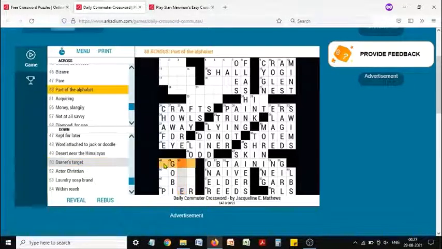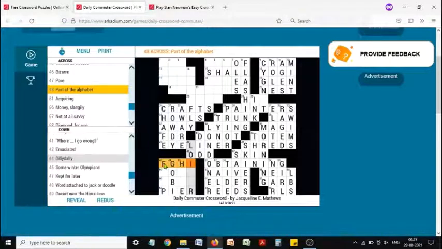No. Part of the alphabet. Is this FGHI? This is so weird. This is the first time I've ever encountered the use of these kinds of random letters. FGHI, part of the alphabet.